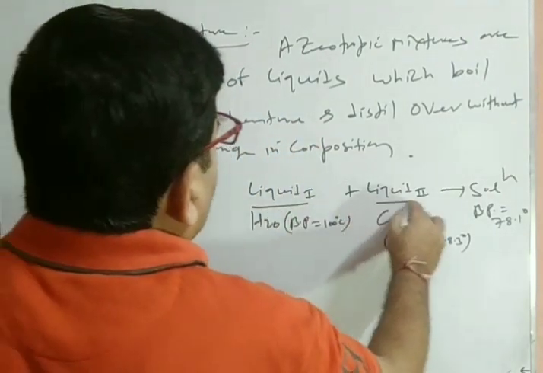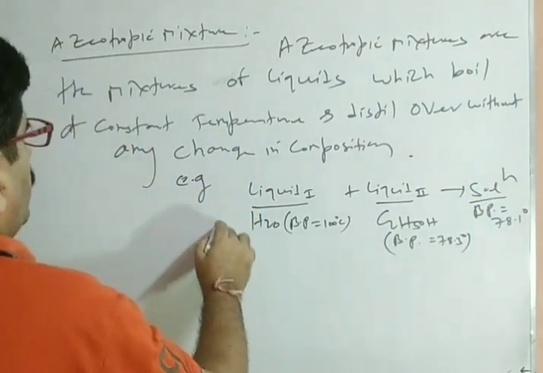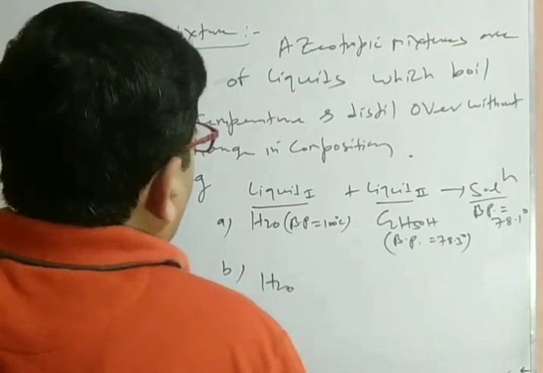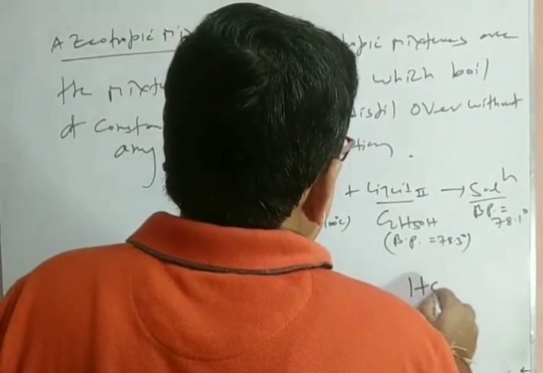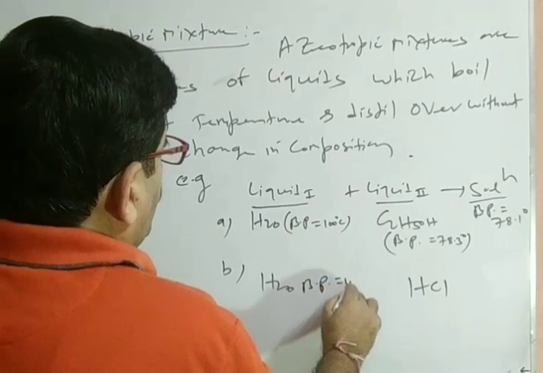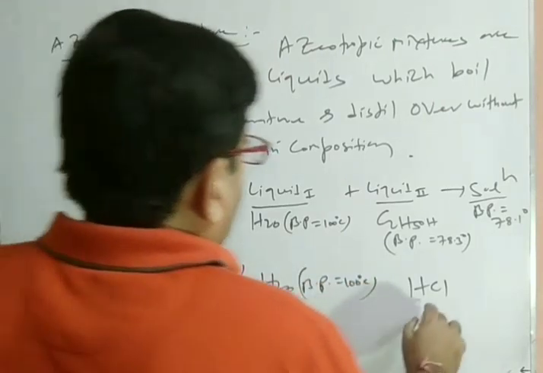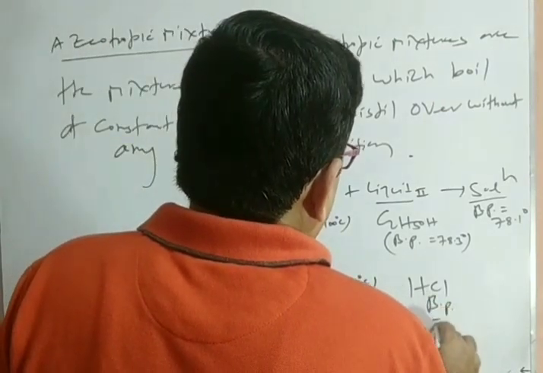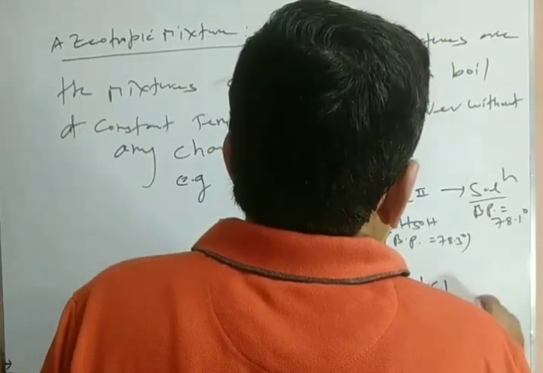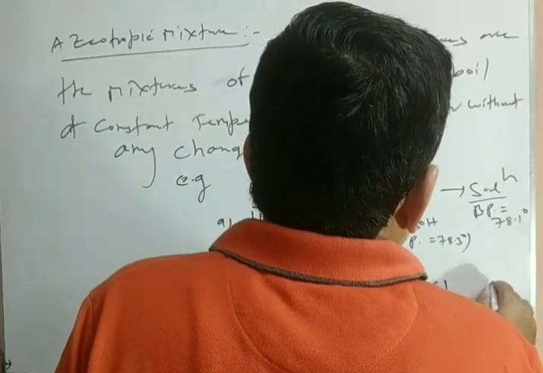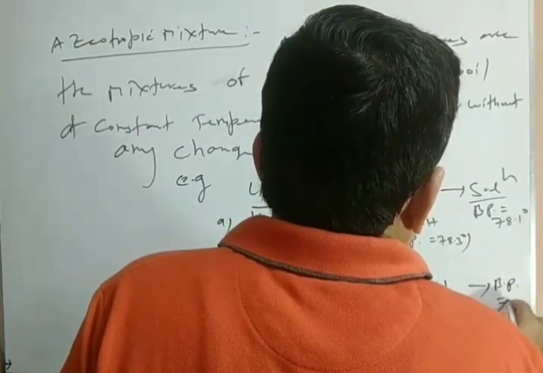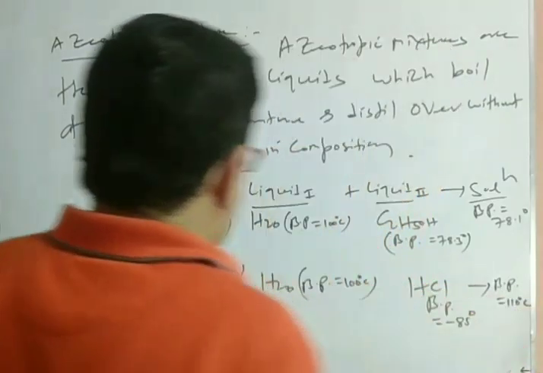Similarly, the second one, if we write water and HCl, BP 100 degree, here BP is equal to minus 85 degree. After mixing, BP is equal to 110 degree.